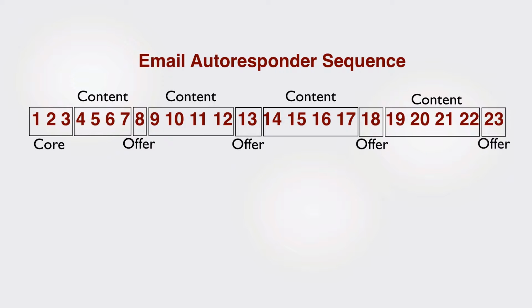I've been on a list for over 3 years from a person that I really respect, and he has been giving me new content for the last 3 years, okay, following this sequence, and it works. I must have spent $5,000 over the last 5 years with this individual. So this process works. The key to this, people, is that you need to keep in contact with your leads, okay?